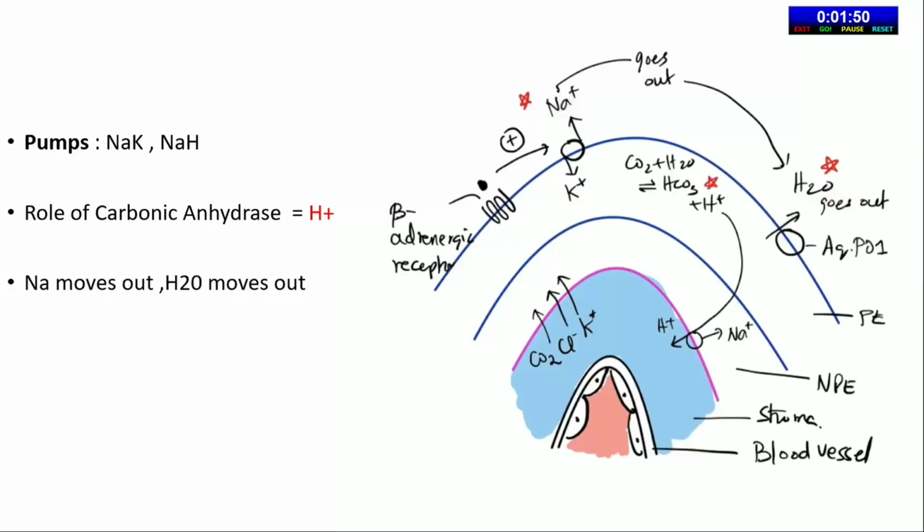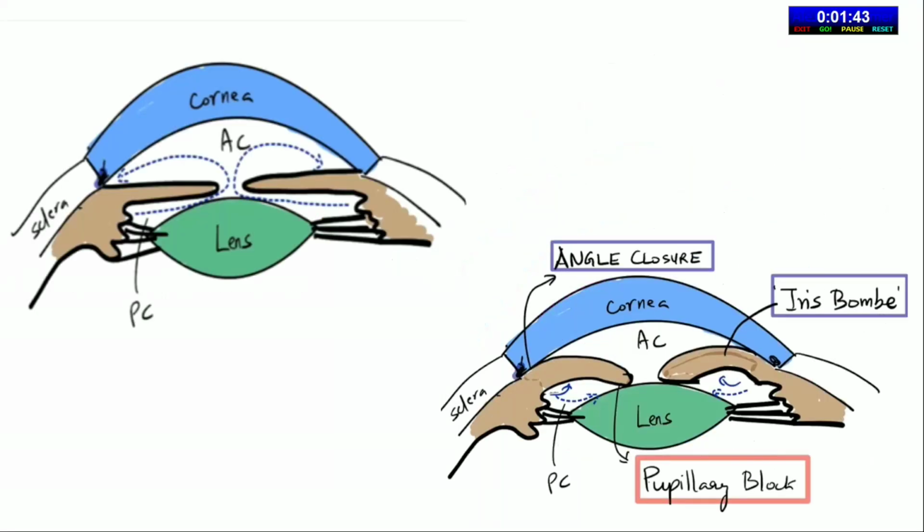So there is a main role of carbonic anhydrase, which leads to the release of H ion. From the posterior chamber to the anterior chamber, aqueous goes through the pupil, and in pupillary block there is accumulation of aqueous behind the iris, leading to iris bombe.